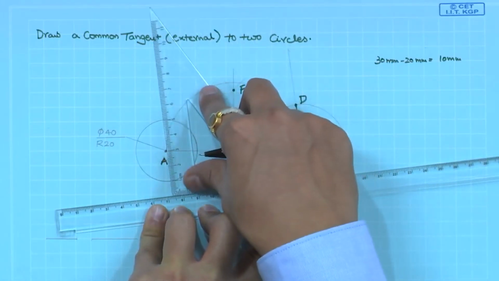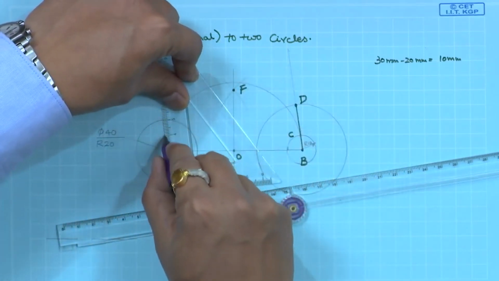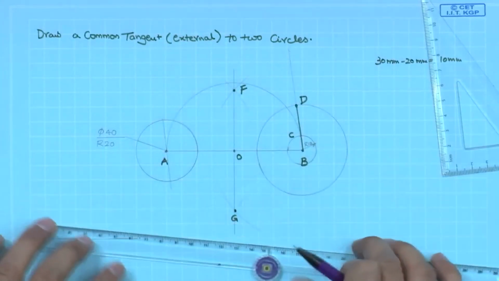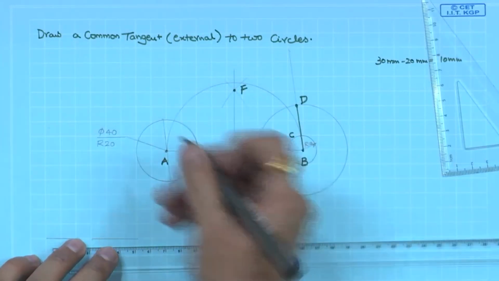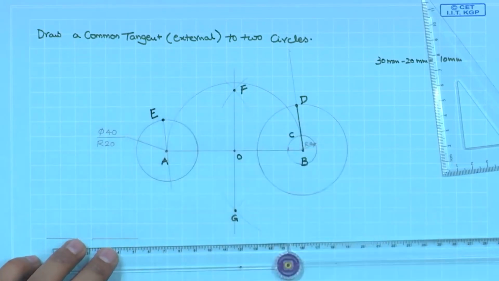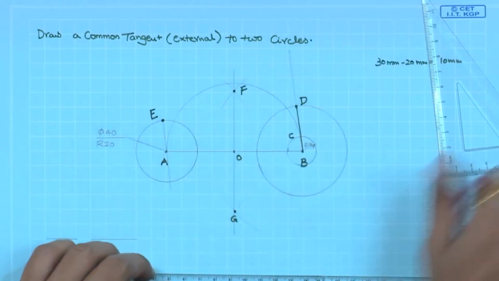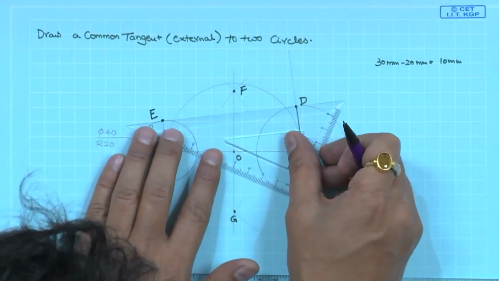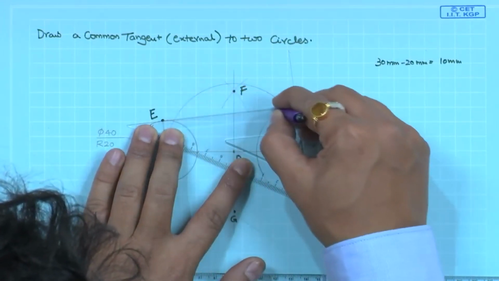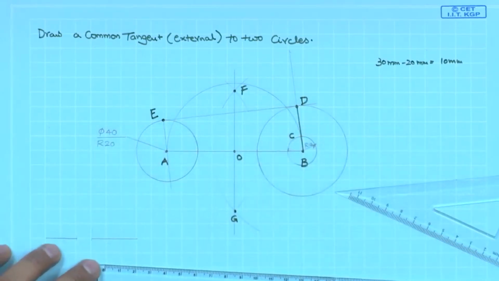So, first you make a parallel line to the smaller circle, construct a normal line. Now, the point where it is going to intersect the smaller circle, call it as E. Now, join point E and D. So, it is a tangent. It intersects only at one point on the circle.